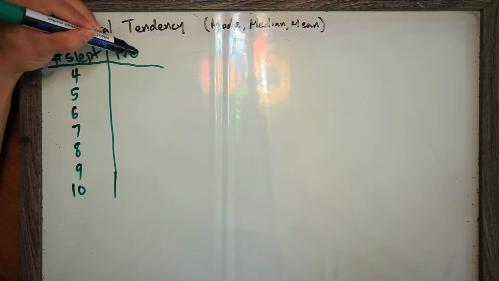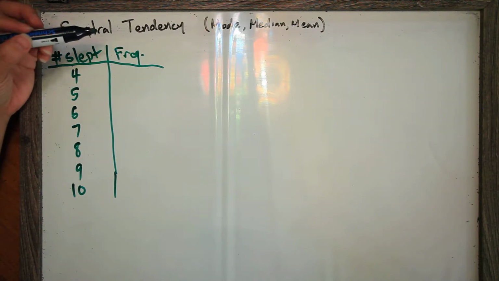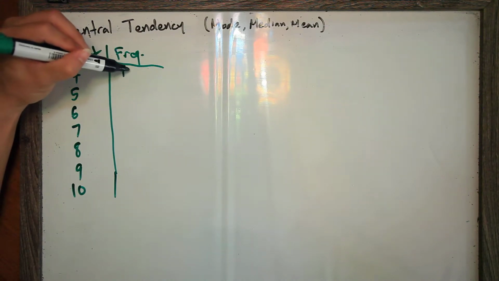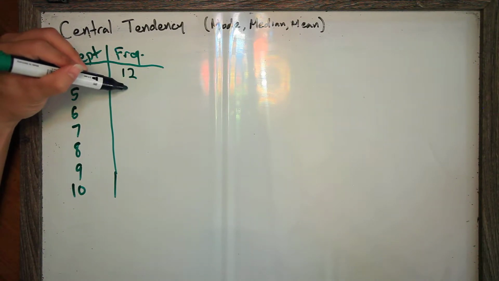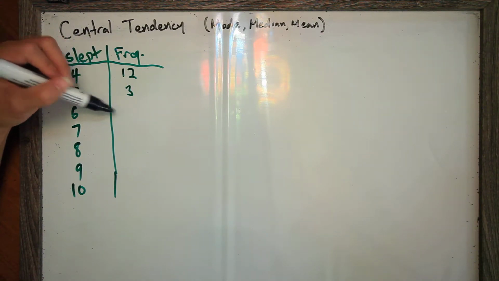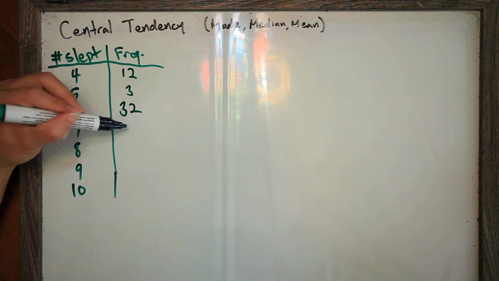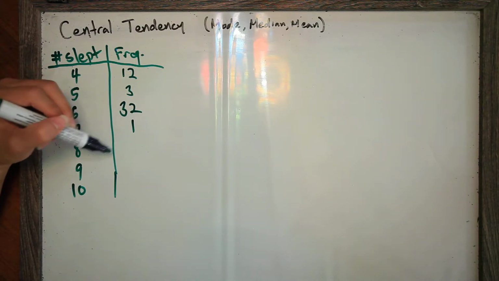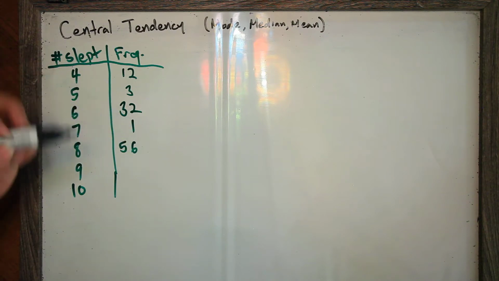And here we have our frequency. So how many people in our sample slept for only 4 hours? 12 people. Then 5 hours, only 3 people. 6 hours, we had 32 people. 7 hours, just the one. 8 hours of sleep, we had 56 people.